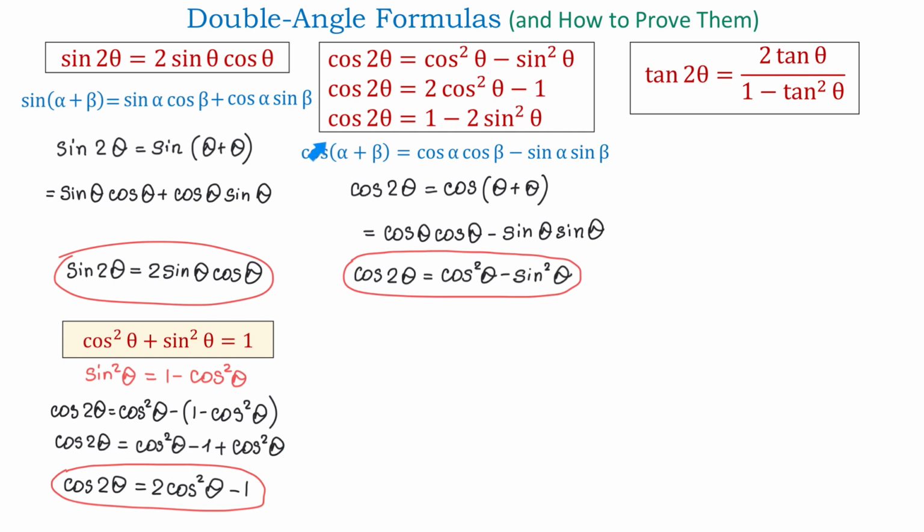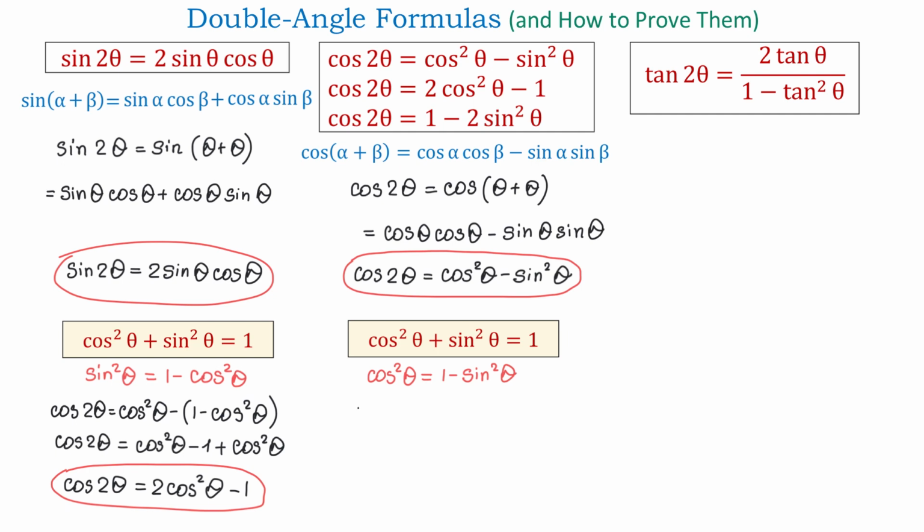Now, to prove the third form, we will use the same Pythagorean identity. So here we have it one more time, and now let's subtract sine squared of theta from both sides. Then we will have that cosine squared of theta equals 1 minus sine squared of theta. Then in the formula above, we will replace cosine squared of theta with 1 minus sine squared of theta.